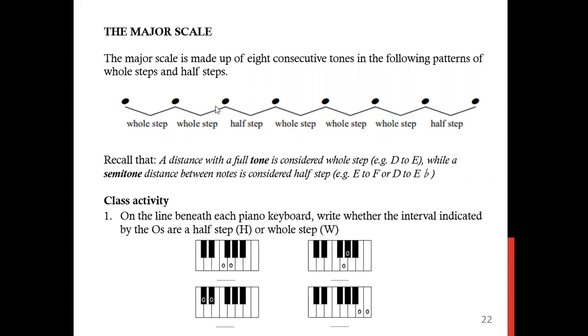Yes, B3. We have picked D. We said the next note will be E because it's a whole step. F sharp. So from E to F sharp. Very good. Thank you very much.